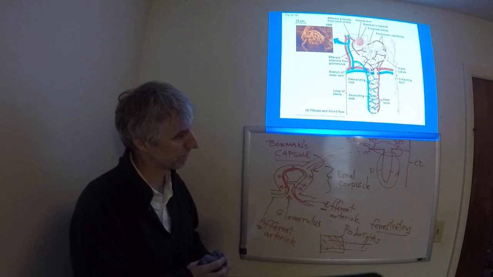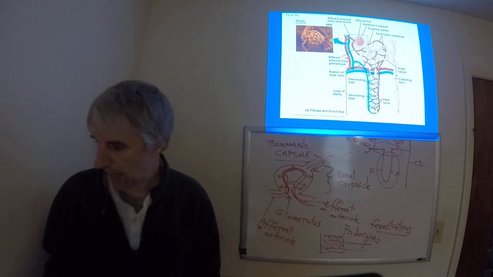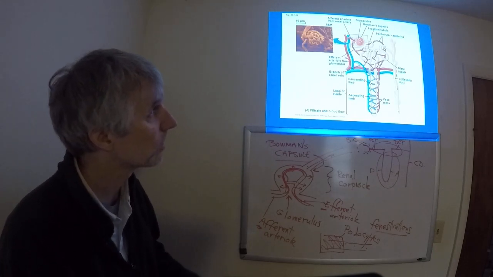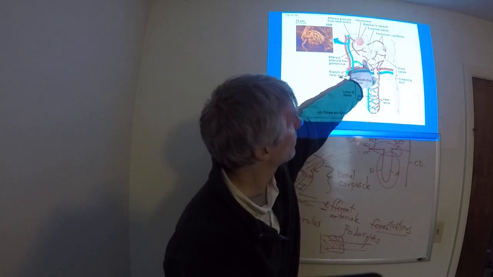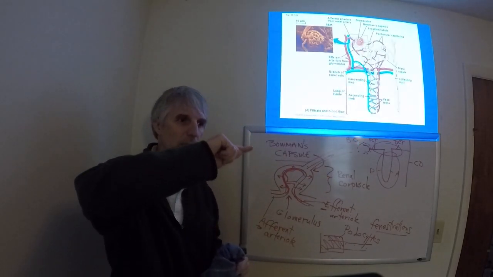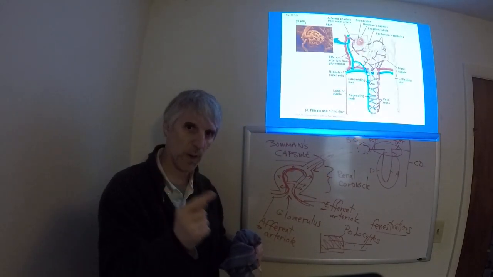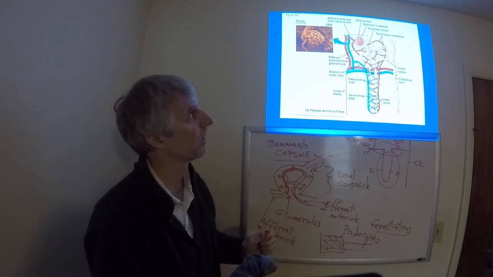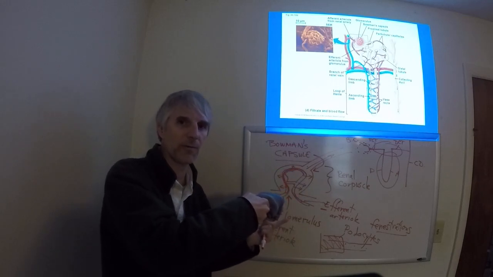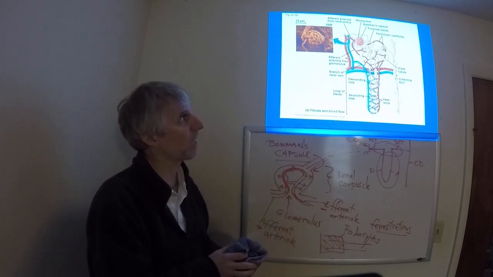Right. All right, so we've moved that filtrate and we pass it to the proximal tubule. It's called the convoluted tubule because it's convoluted. It folds back and forth across itself. And then the proximal because it's closer to the front end of the nephron, or closer to Bowman's capsule.